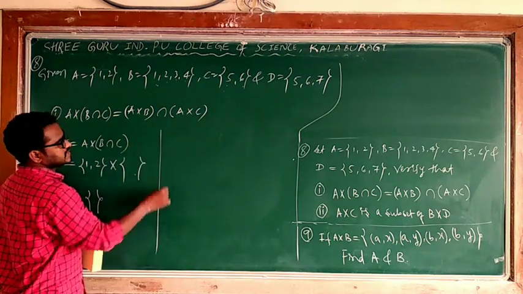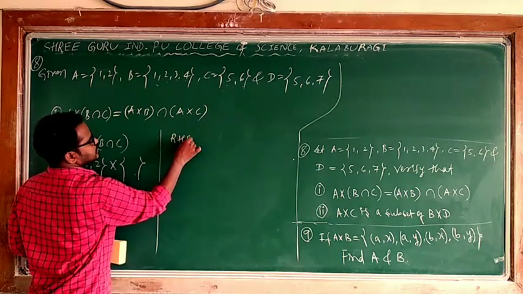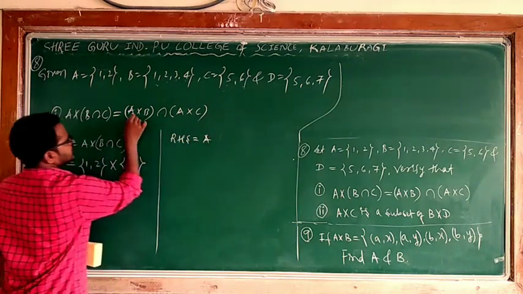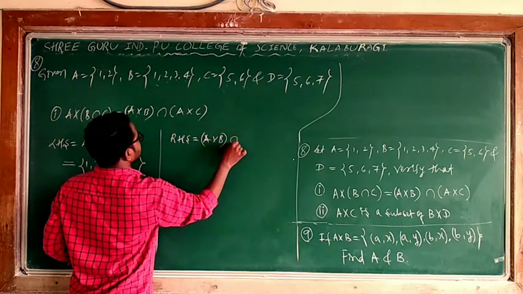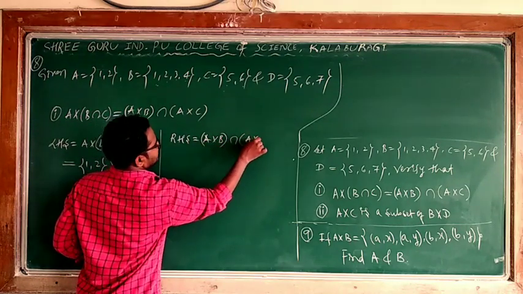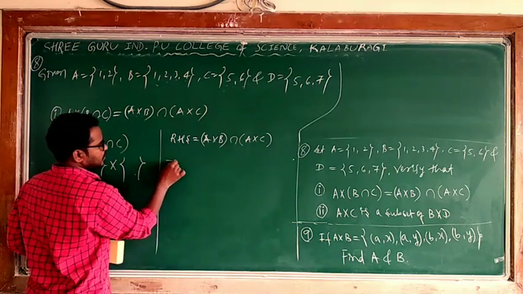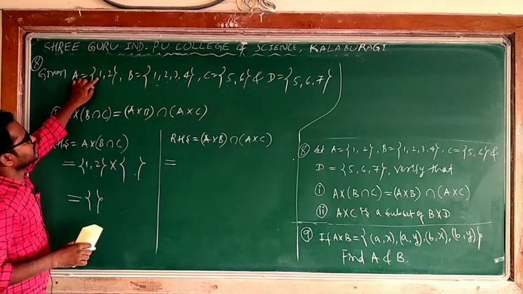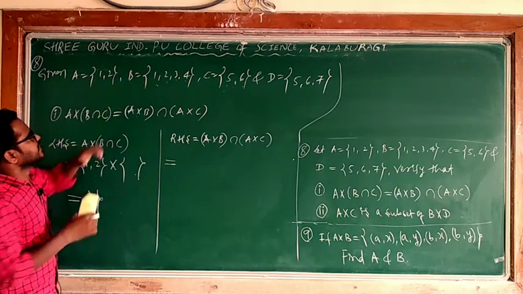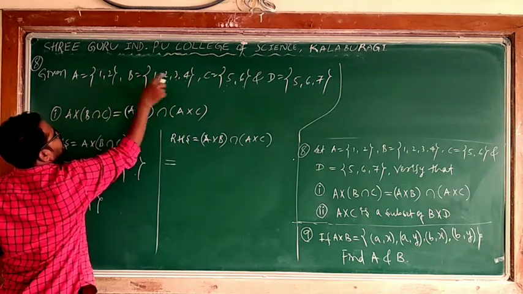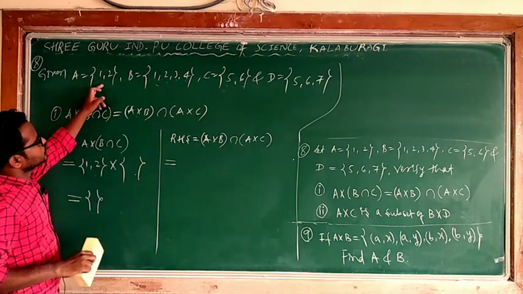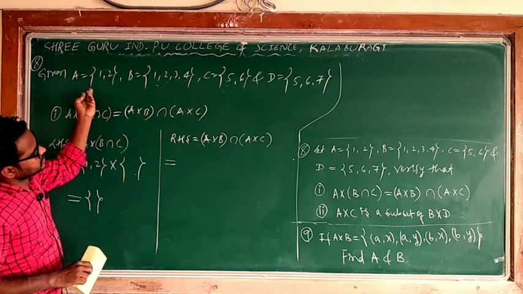Now what is the RHS? RHS is equal to (A cross B) intersection (A cross C). Now what is A cross B? I take ordered pairs of A with B: 1 with 1, 1 with 2, 1 with 3, 1 with 4, and 2 with 1, 2 with 2, 2 with 3, 2 with 4.